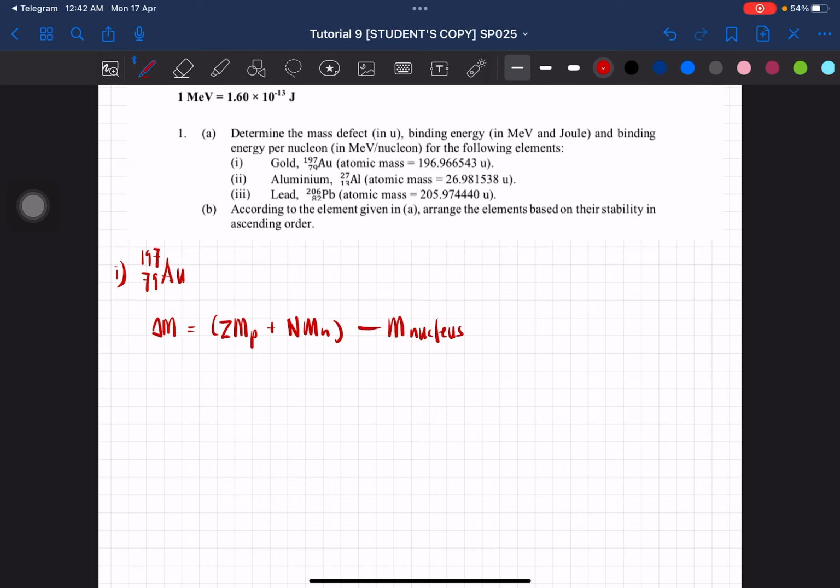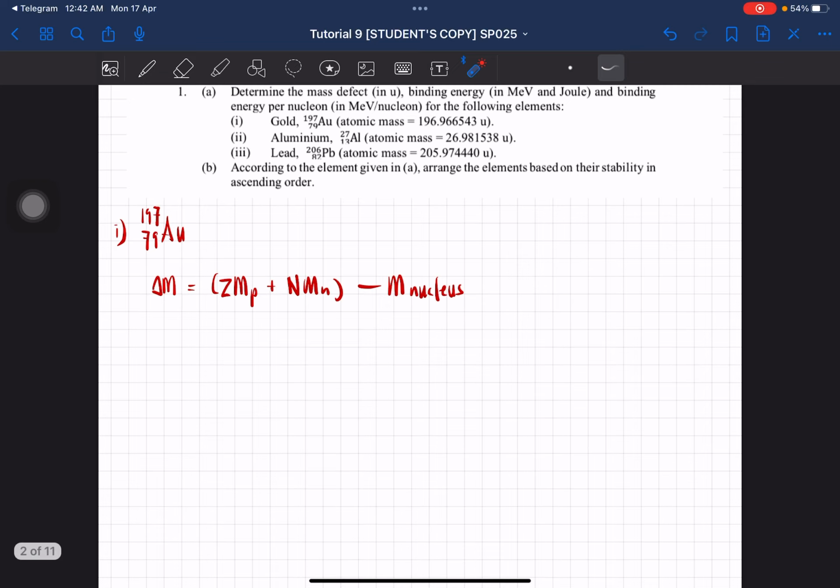So since the question just gives us the atomic mass, meaning we have to find the mass of nucleus. So the mass of nucleus, as we all know, is basically the atomic mass minus the mass of the electrons. Since this is an atom, the number of electrons will be equal to the number of protons.